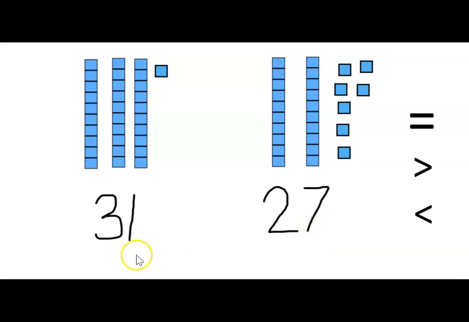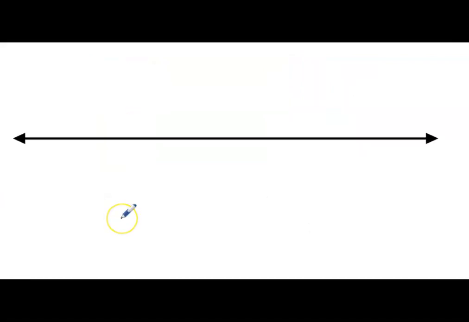So we're going to read left to right. Which number do you think is greater than? 31 is greater than 27. That is correct. Great job.